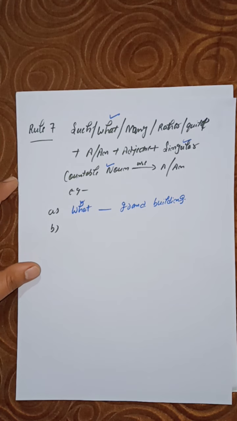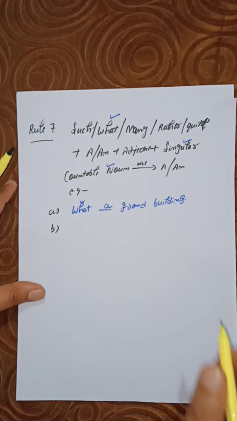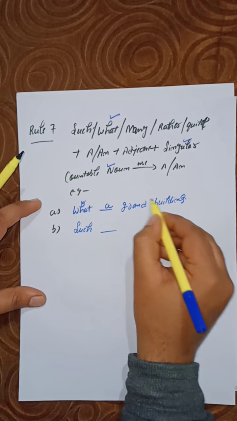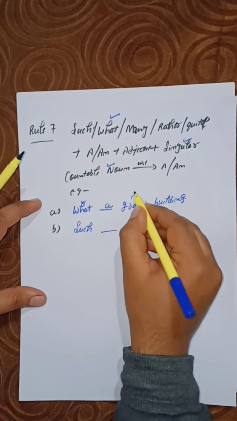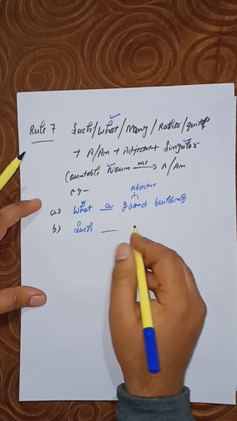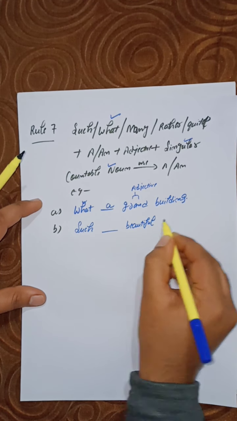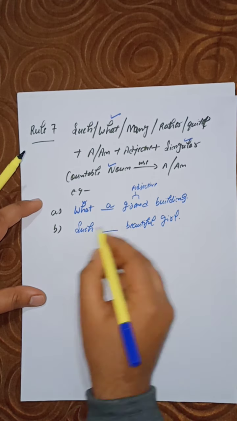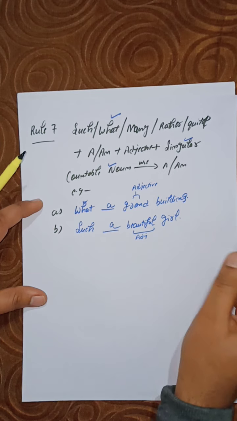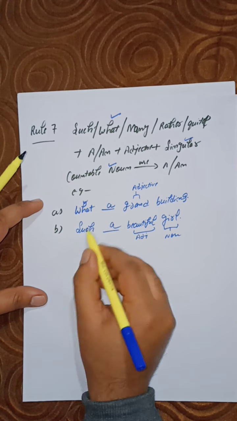Which will we use? We will use a. Second one: such dash beautiful girl. Such a beautiful girl. Beautiful is the adjective, and girl is the noun.